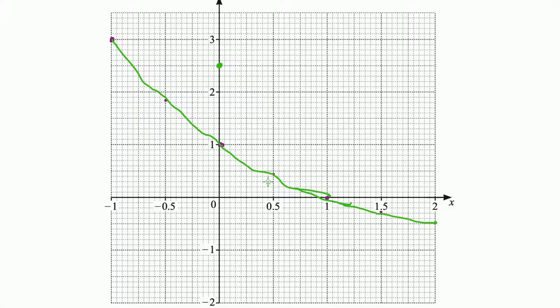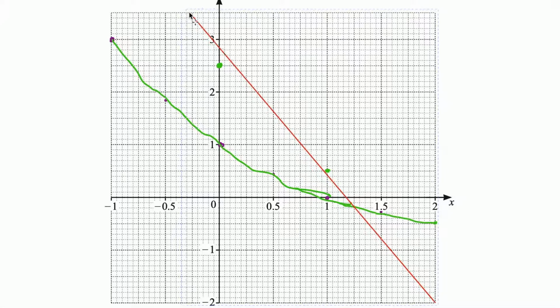And for x is equal to 1, it is 0.5. So we need a line that passes through these two. Okay. So this is something like this.